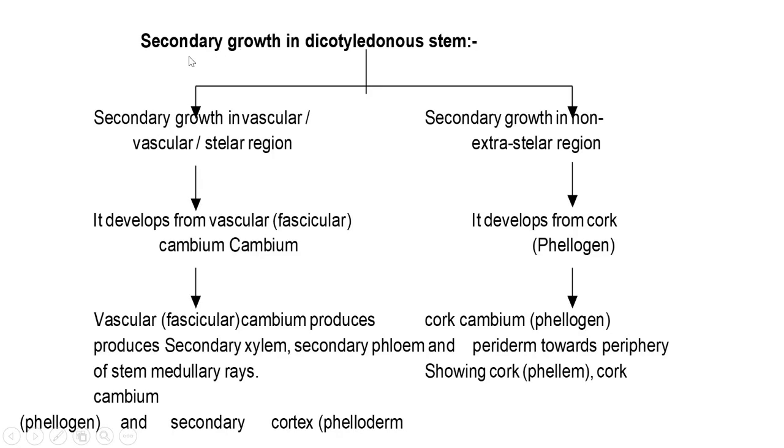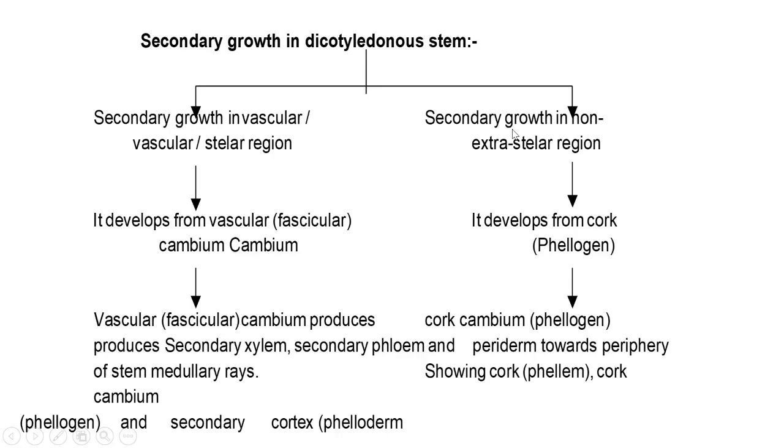Now, how does the process take place in dicot stem? First of all, secondary growth in vascular region or stellar region, and secondary growth in extrastellar region. The cambium which is present in between xylem and phloem shows the intrastellar secondary growth. It develops from vascular or fascicular cambium. Fascicular cambium produces secondary xylem, secondary phloem and medullary rays.